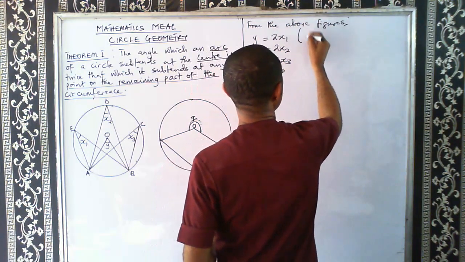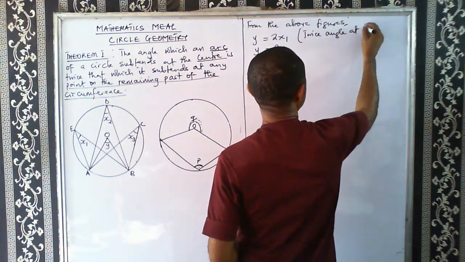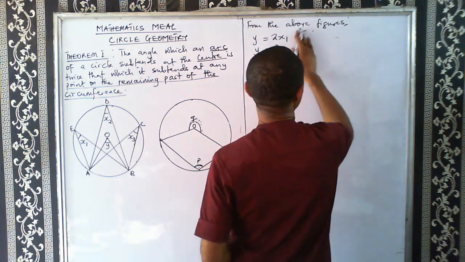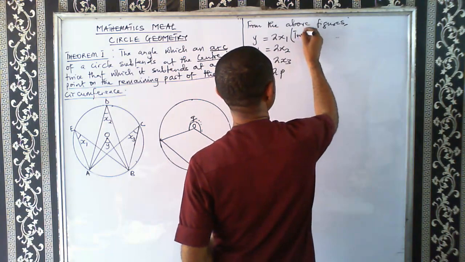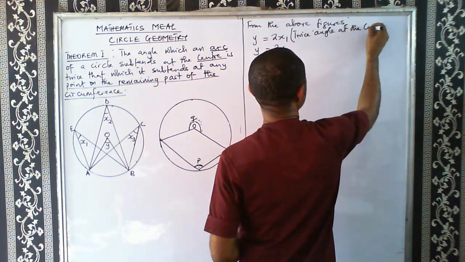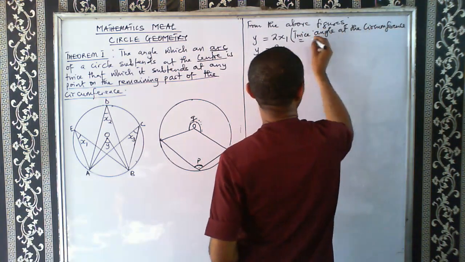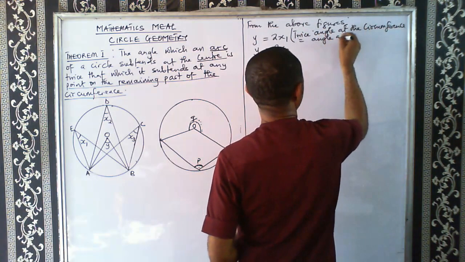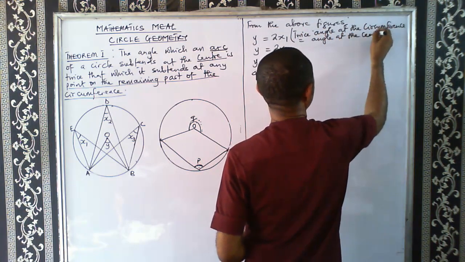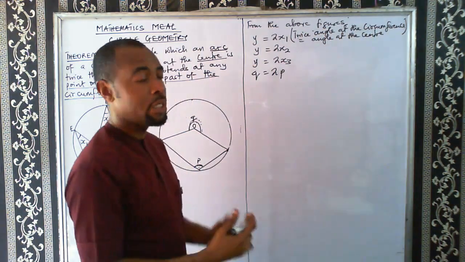The same reason: twice angle at the circumference equals angle at the center, provided they are subtended by the same arc.